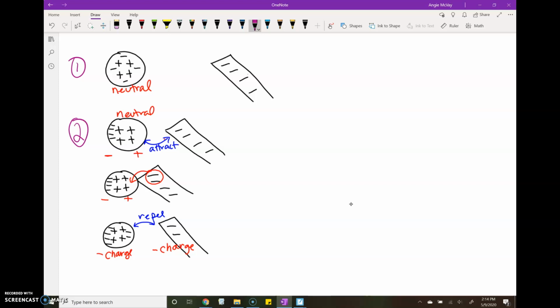That charge is smaller than it used to be, but now we've got a negatively charged pith ball, a negatively charged wand. Like charges repel, right? And so now the pith ball repels. And that's what we observed in the demo from last week.